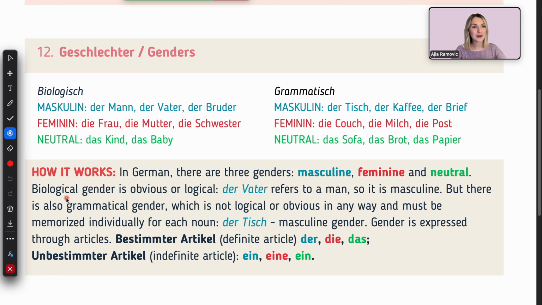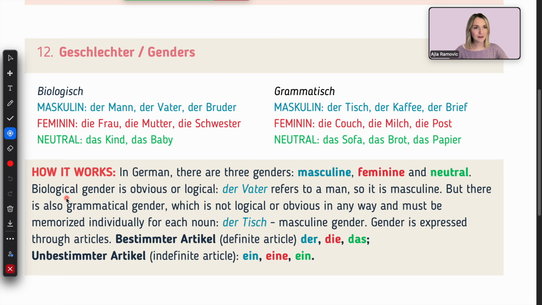When speaking about gender, it is essential to know that there are 2 types of gender: biological gender. In German, we say biologisches Geschlecht, biological gender, and grammatical gender. In German, we would say grammatisches Geschlecht, grammatical gender.